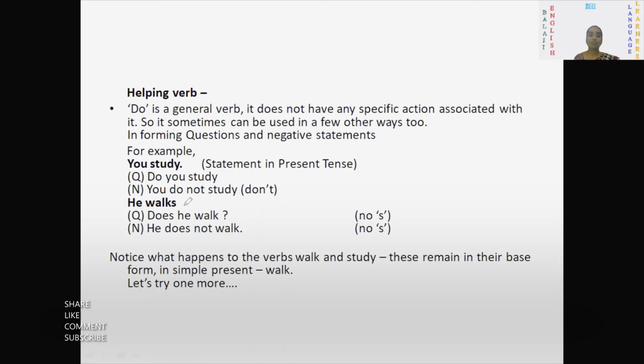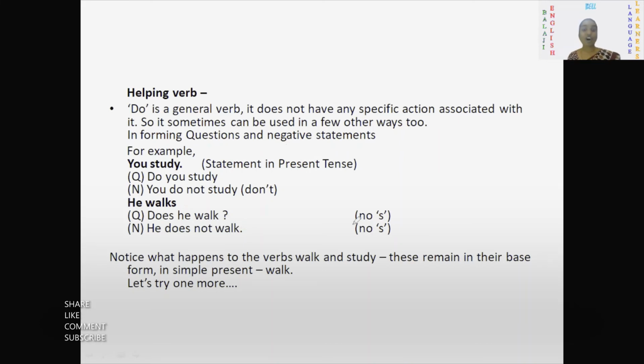Okay. Now, suppose I say he walks. Does he walk? He does not walk. And now what you observe here, there is no S here. I'm not saying does he walks. Yes, am I saying does he walks? He does not walks. No, I'm not saying. Why?